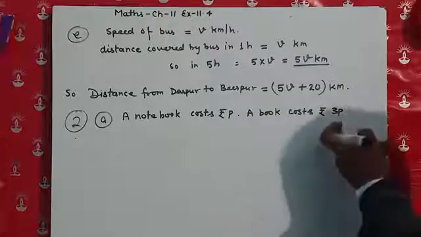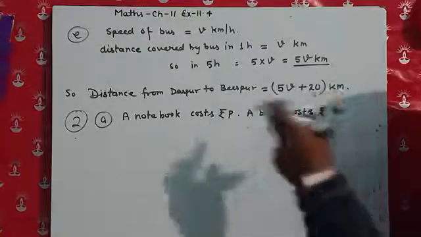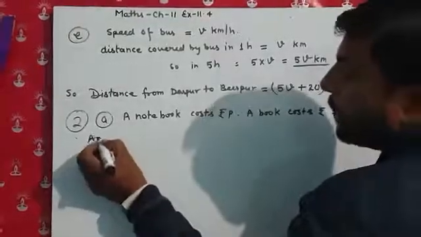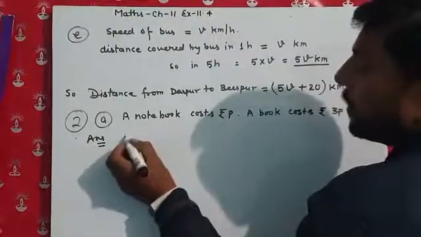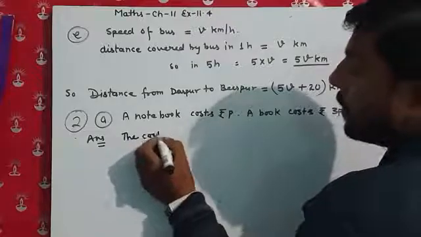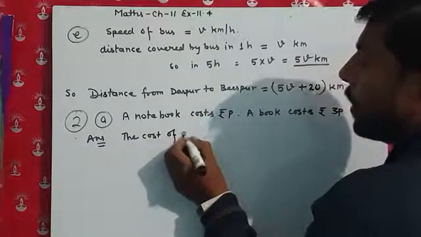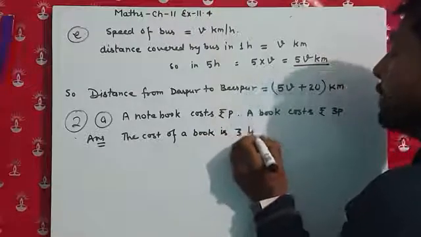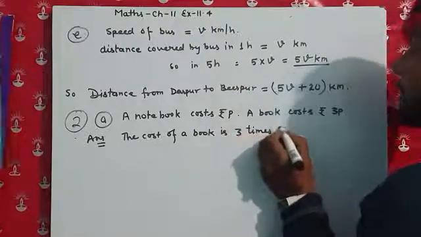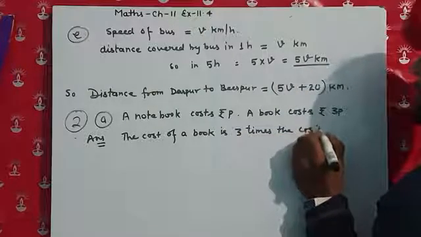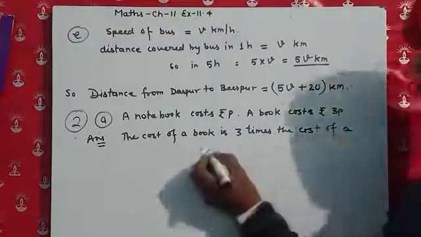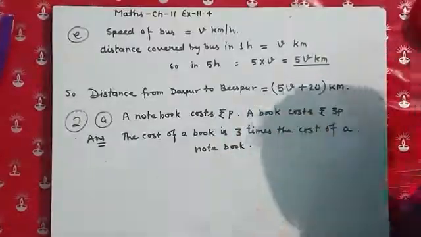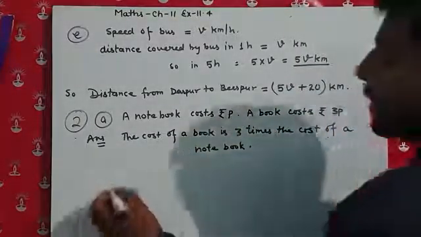We can write that the cost of the book is 3 times the cost of the notebook. Simply we can write. So here the answer will be: the cost of a book is 3 times the cost of a notebook. This is simple. Now going to the B part.